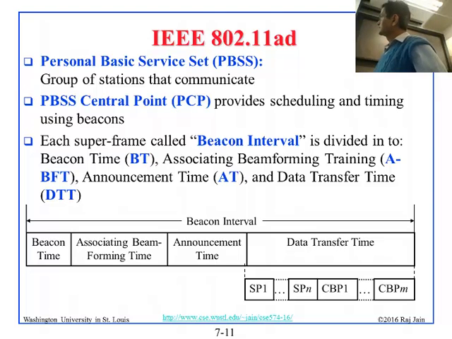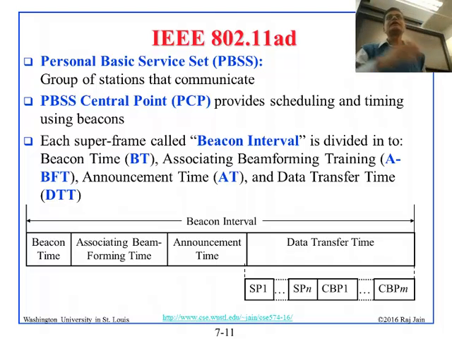The super frame consists of beacon time. This is where the beacon is actually not just instantaneous. Beacon happens for quite some time, so it tells you some other information about the network. Then associative beamforming time. This is the time where you find out who is where, in what direction. If I want to talk to her, I have to do some adjustments, and I have to talk to him, I have to do adjustments, and so on and so forth.